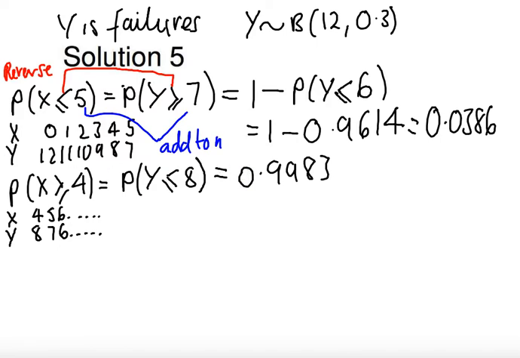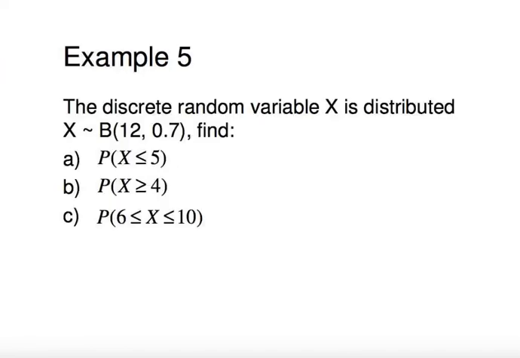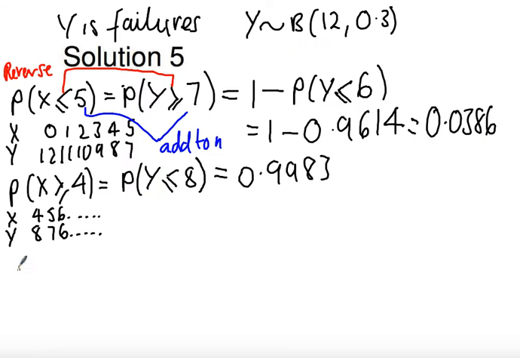Okay, last one. Probability x is between 6 and 10. So we're going to try and do it again without considering the values first of all, and then I'll confirm it so you make sure that you understand it. So x is between 6 and, not 18, but 10. Making up questions here. So that's going to give me y.